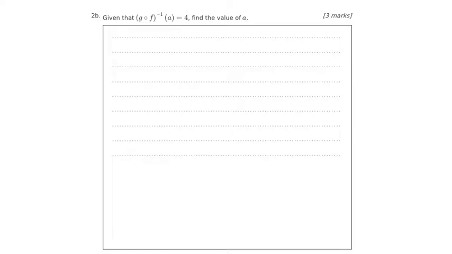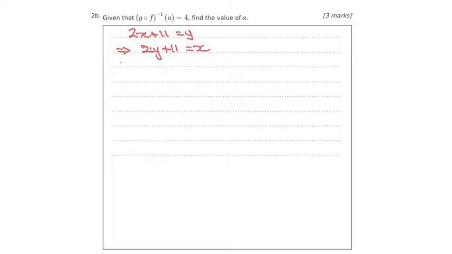2b, given that the inverse of g of f at some value a is equal to 4, find the value of a. So the first thing we need to do is find the inverse of g of f. So we know that 2x plus 11 equals y. Change x and y, so therefore we get 2y plus 11 equals x.